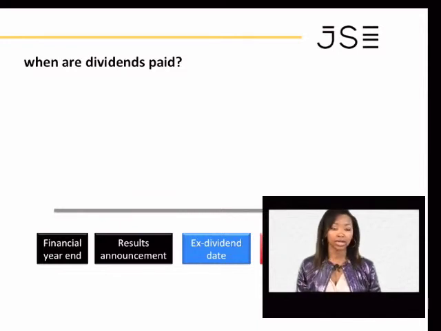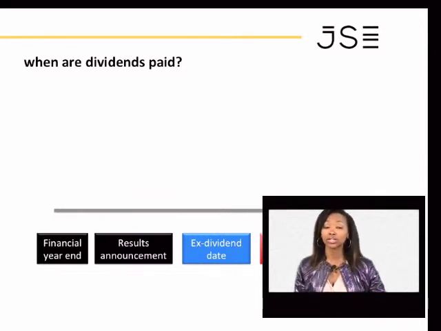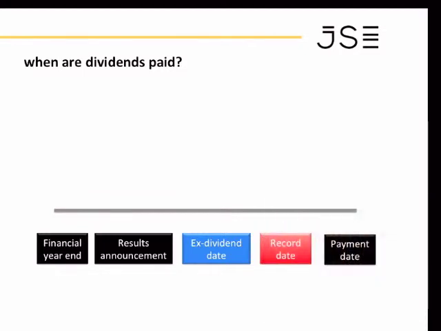But now, after a company announces its results and says, okay, fine, we had a great year and we've made lots and lots of profits and we're paying a dividend of 1 Rand per share, that's the results that get announced. You could still, as an investor, buy a share and earn a dividend.